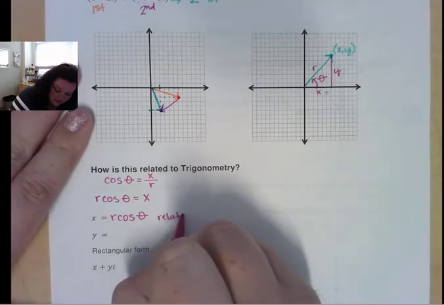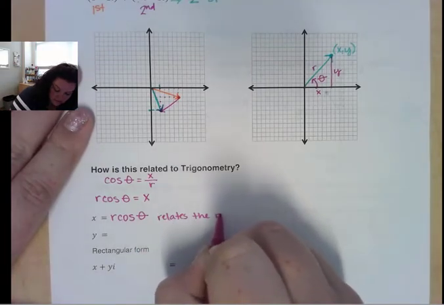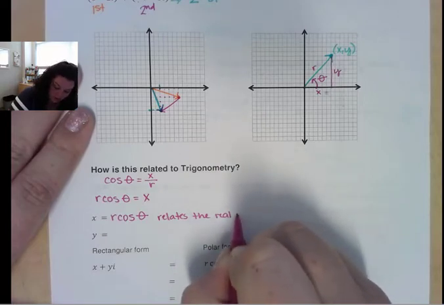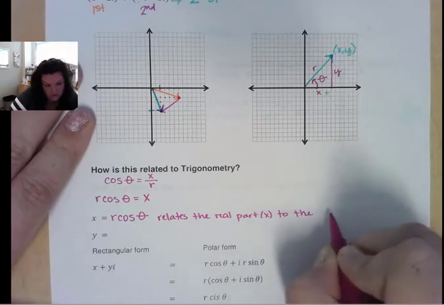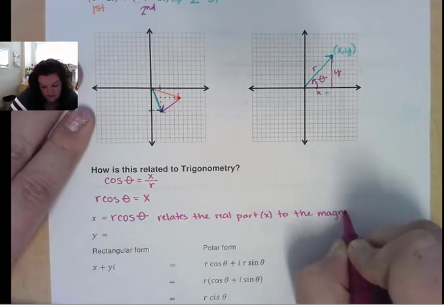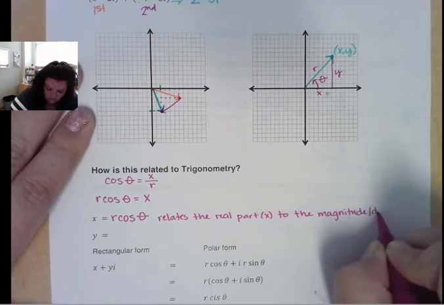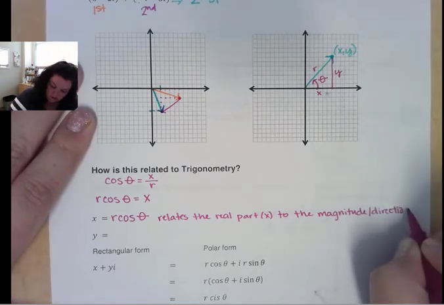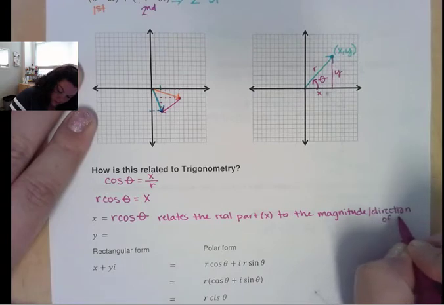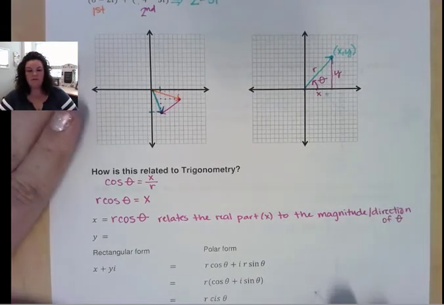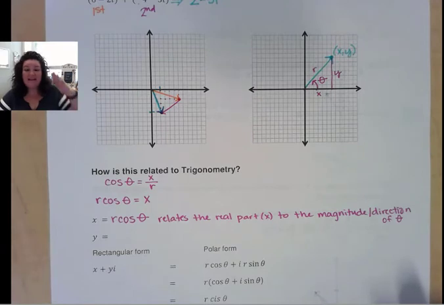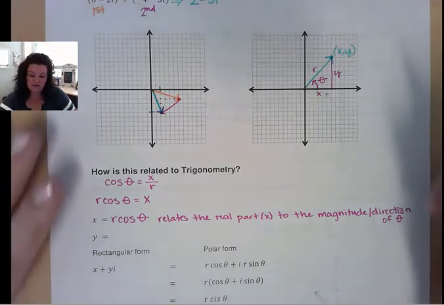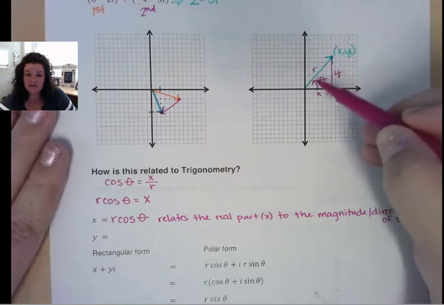This relates the real part, which we're calling x, to the magnitude or direction of theta.